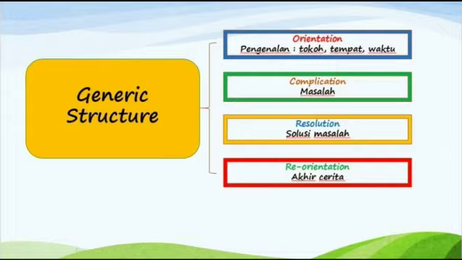Jadi dia menceritakan awal terjadinya masalah yang mengantar sampai pada klimaks atau puncak dari pemeran utamanya. Oke. Jadi ini merupakan masalah atau komplikasi. Next is resolution. That is the third part. Ini merupakan bagian yang ketiga. Resolution.